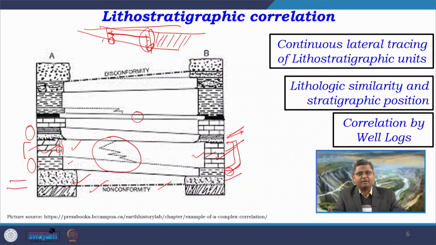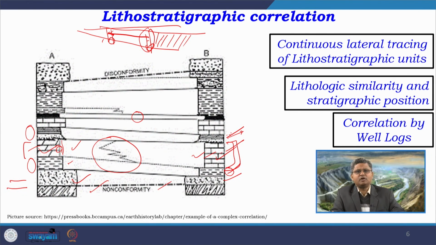Lithostratigraphic correlation can be established through well logs, and nowadays it is done through software also, where we can get a very high resolution correlation of these lithostratigraphic units. So correlation by well logs can give us a much better idea, a much better picture about the subsurface condition.